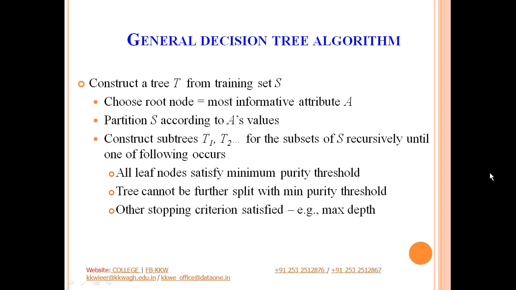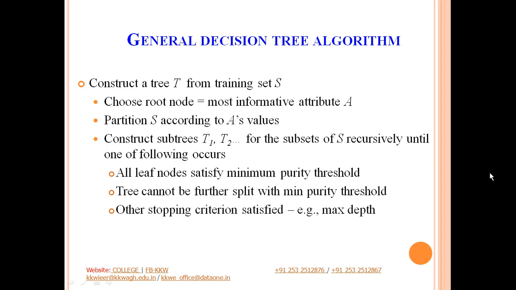Then, depending on the values of this attribute, we partition the training data set S according to the values of A. Let us say A is categorical and has two values, then you will have two branches, one left branch for one value and a right branch for another value. Similarly, if A has 3 values, then you will split accordingly, and your parent node will have 3 children.